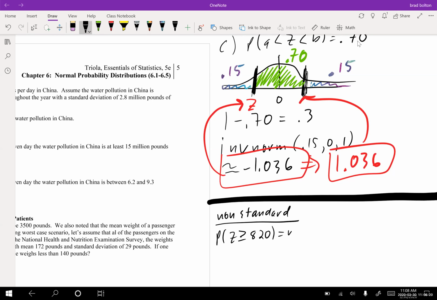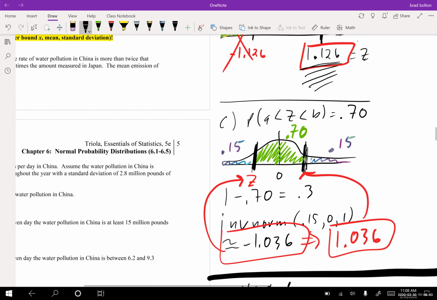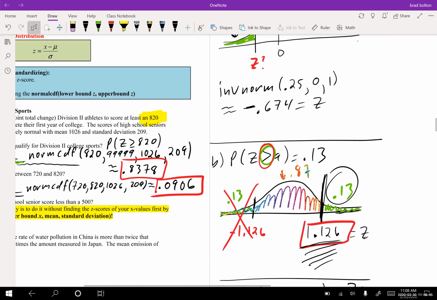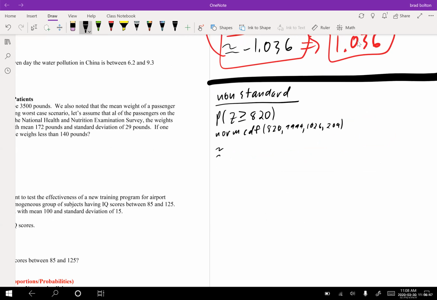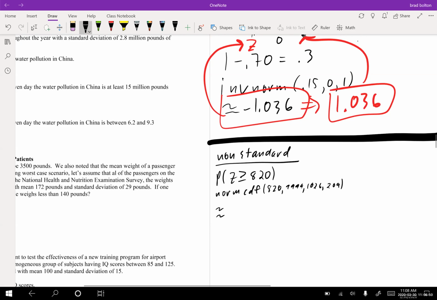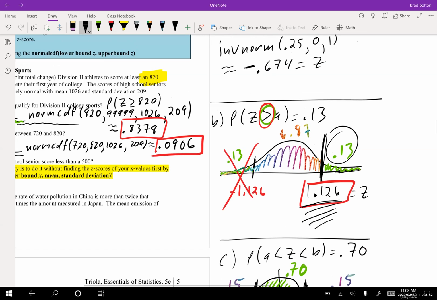So then I did normCDF, let me write this below it because I don't want to run out of room. normCDF of 820, comma, 9999999, comma, 1026, comma, 209, I believe. Just check. Yeah. Okay, so we go up here, and again, we already knew the value from previously. The value was 0.8378.